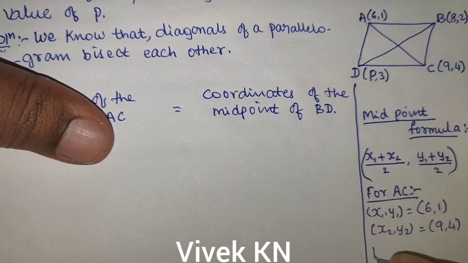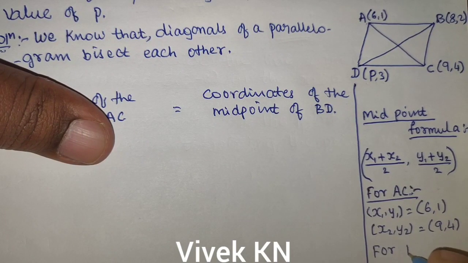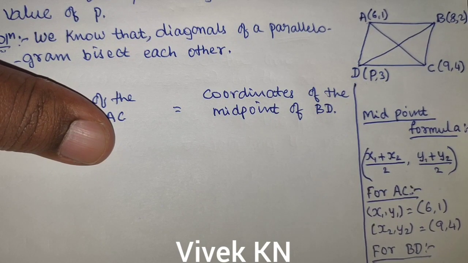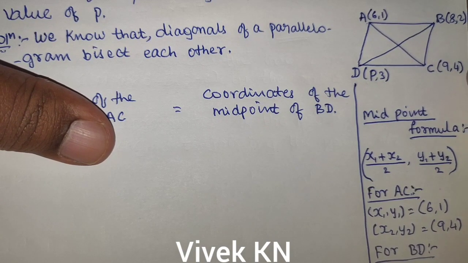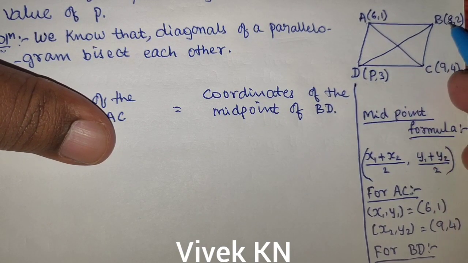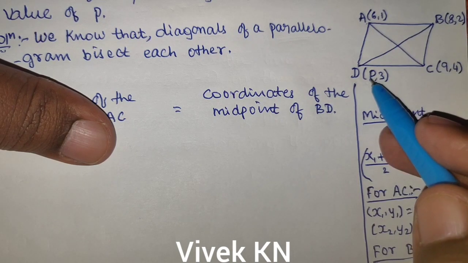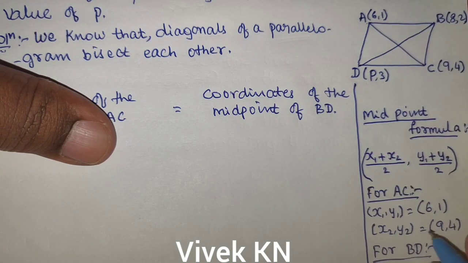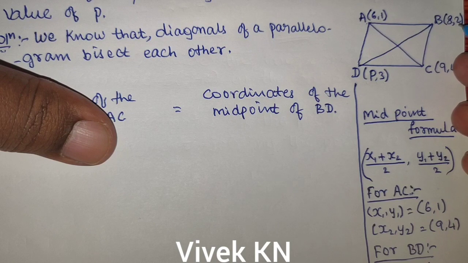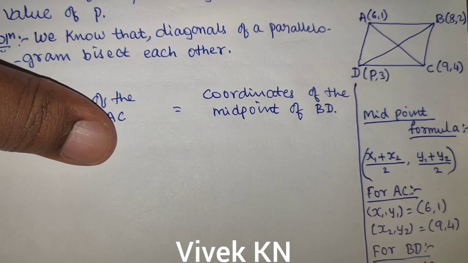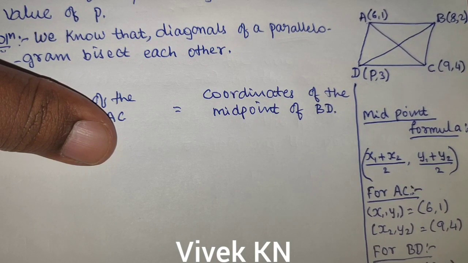Next, for another diagonal BD, x1 y1 is 8 comma 2, x2 comma y2 is p comma 3.